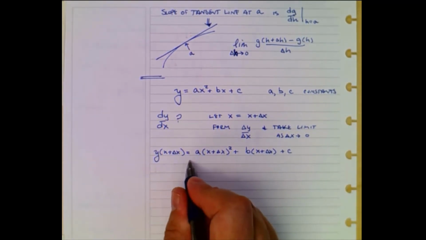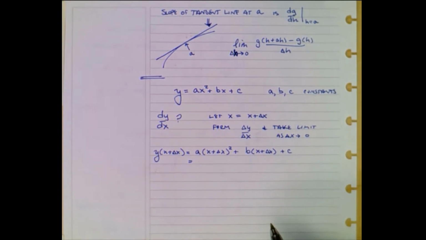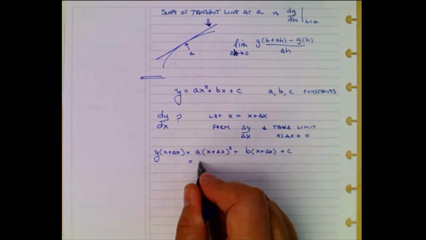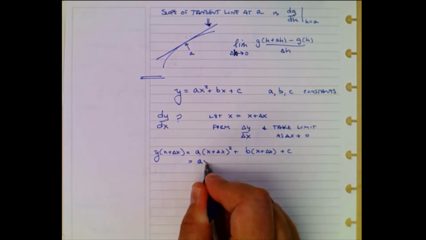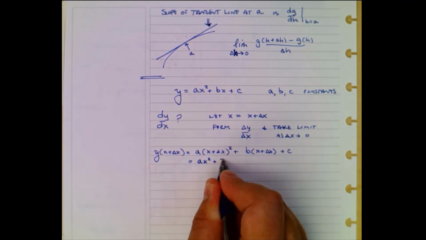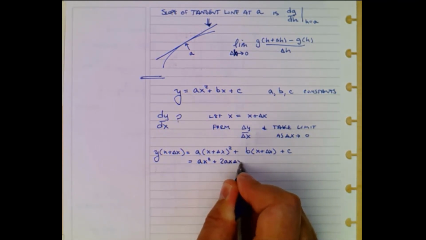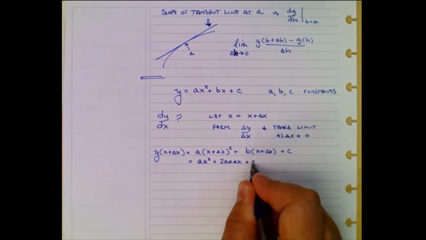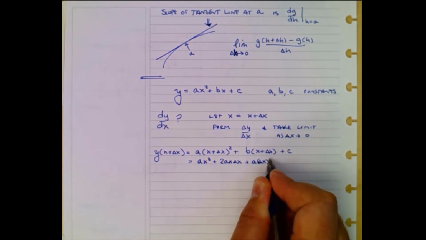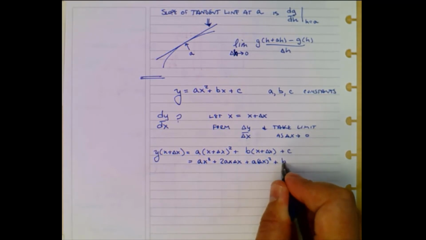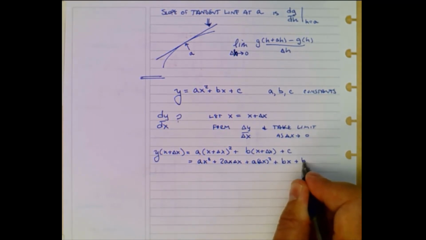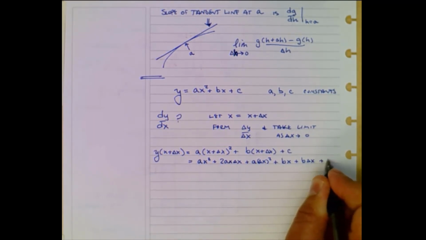Now I'm going to square out that binomial and multiply through the value of a. So this will give me ax squared plus 2ax delta x plus a delta x squared plus bx plus b delta x plus c.